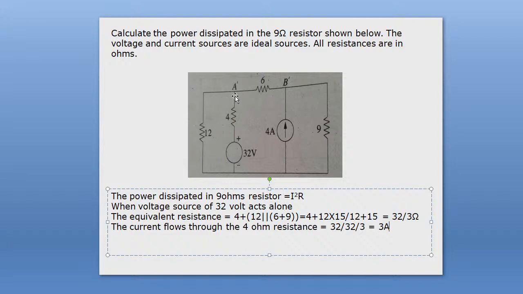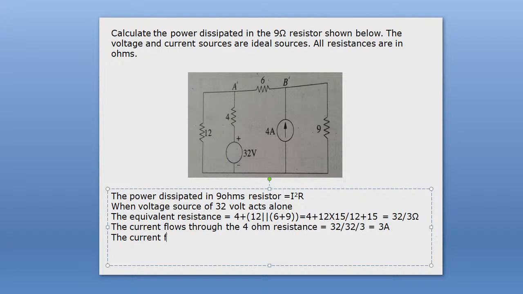After getting the 3 ampere current, you see this 3 ampere current is divided into two parts. One part flows through 12 ohm resistance and another part through 15 ohm, this series 6 and 9. Okay, so then we can write the current that flows through 9 ohm resistance.